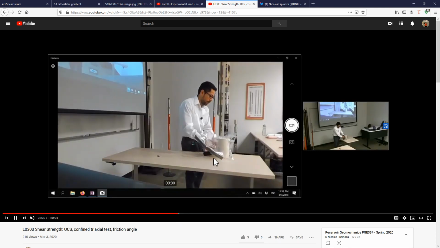Here I'm using the pump and I'm starting to apply vacuum. So now I'm going to have a stress applied on the surface of the rock, which is equal to atmospheric pressure.